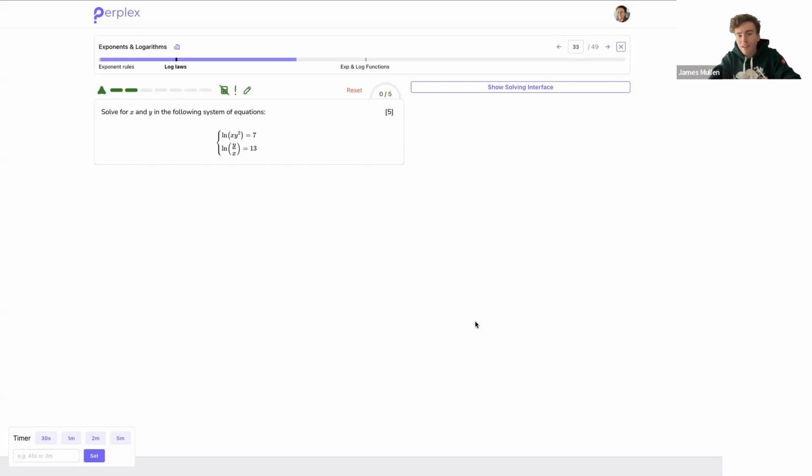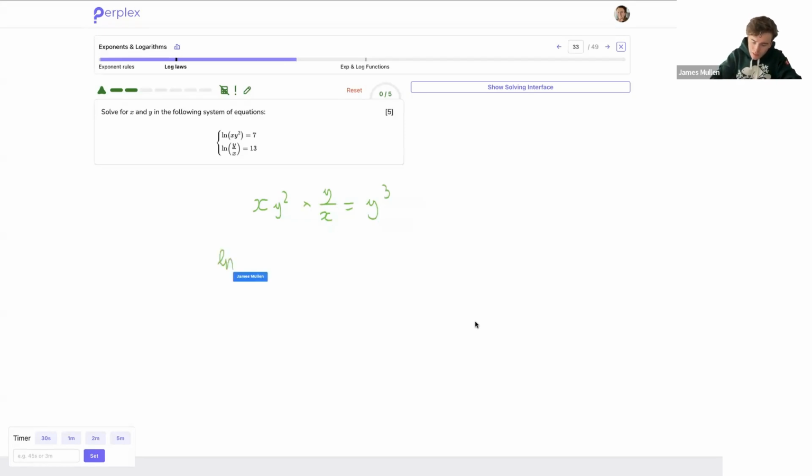Okay, so I have inside one log x y squared, and inside the other y over x. And I notice that if I multiply those two together, I have x y squared times y over x. Let me write that out. x y squared times y over x would just give me y cubed. So I would like for those log arguments to be multiplied together, which means I need to add the logs together.